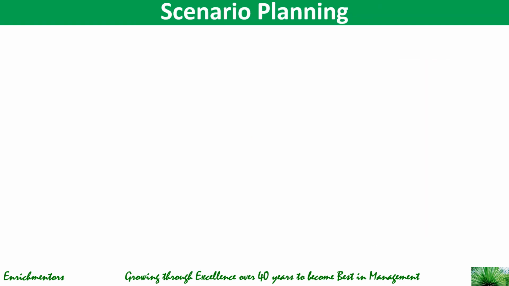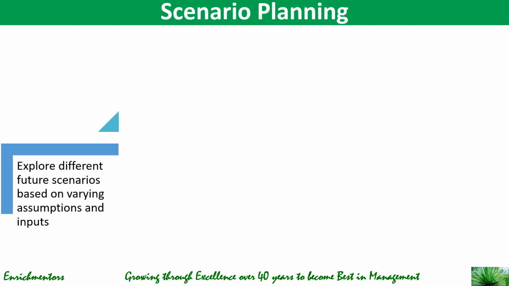Then also, system thinking encourages scenario planning, where you as a strategic planner can explore different future scenarios based on varying assumptions and inputs, as we saw in one of the earlier full lectures on scenario planning.